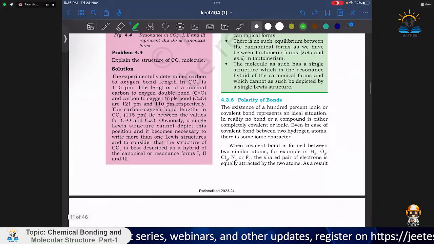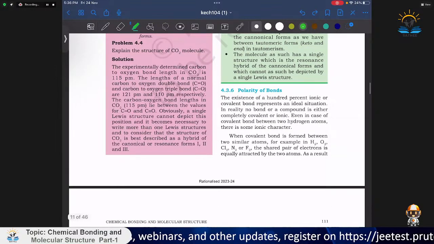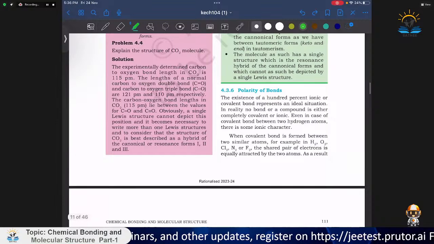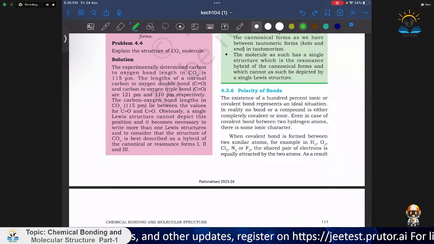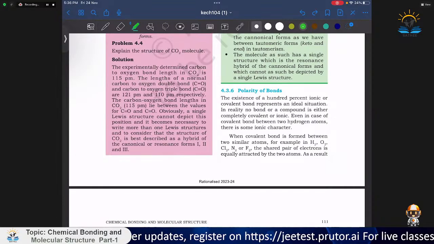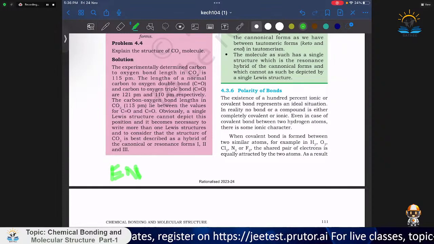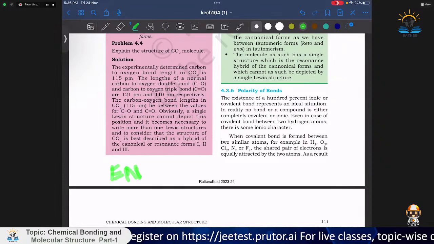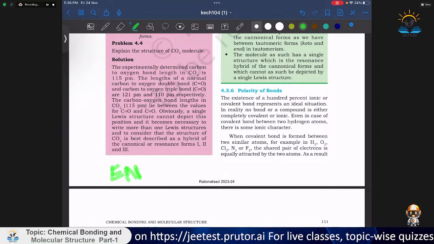Next, we move on to polarity of bonds. Polarity of bonds is basically related to electronegativity. What is electronegativity? Electronegativity is the characteristic of an element to attract a shared pair of electrons towards itself.